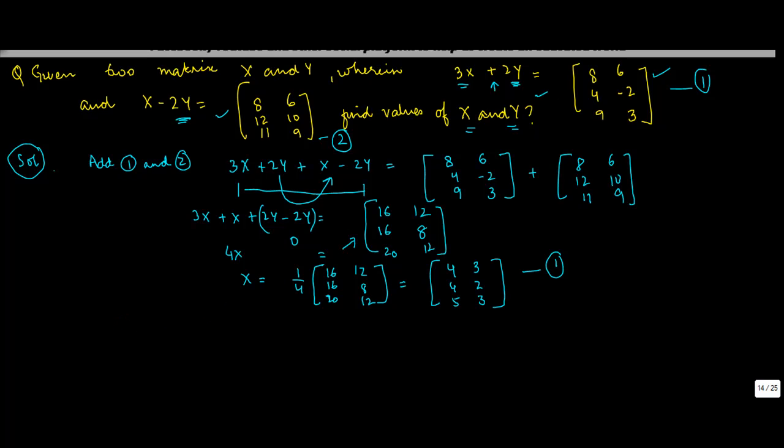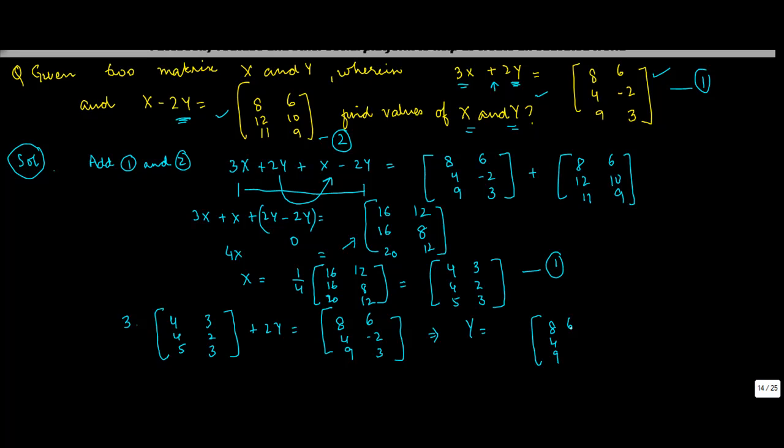So 3 times x, what is the value of x? [4, 3; 4, 5; 2, 3], plus 2y is equal to [8, 4; 9, 6; -2, 3]. Or we can also write this as y is equal to [8, 4; 9, 6; -2, 3].